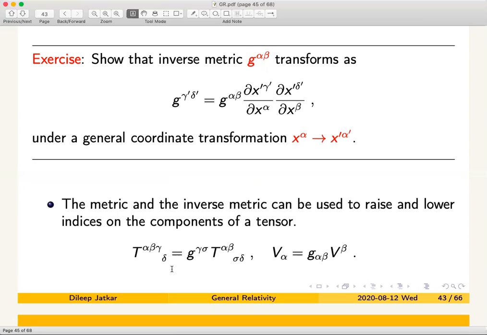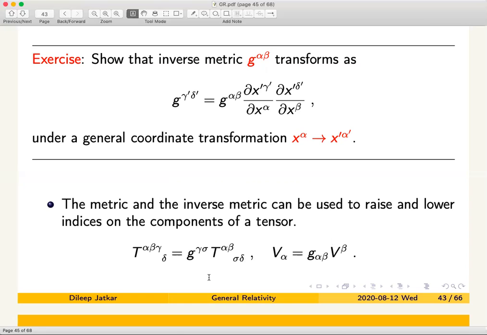Similarly, you can use the metric to convert a contravariant vector to a covariant vector. This transformation you can carry out for any tensor which has at least one index. For example, g_{αβ} would not do anything to a scalar.